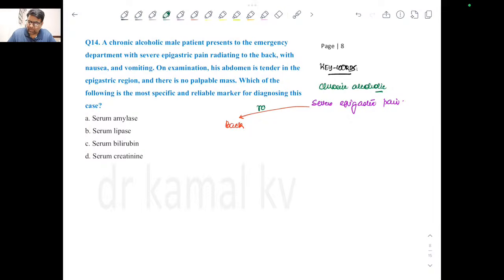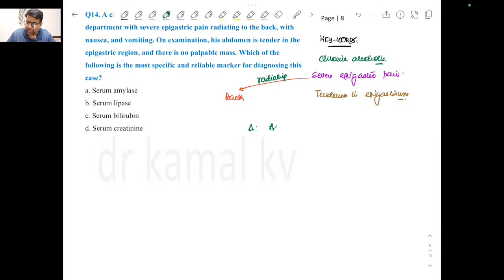So it is radiating to the back. Then tenderness in epigastrium, no palpable mass. So this is very suggestive of acute pancreatitis.